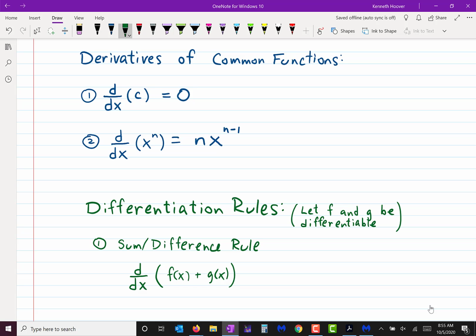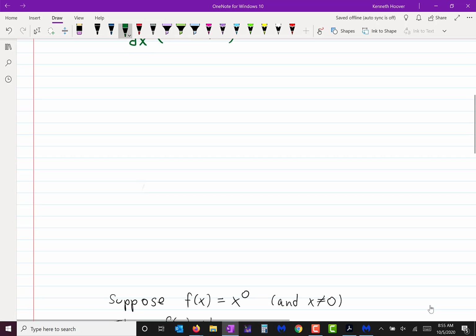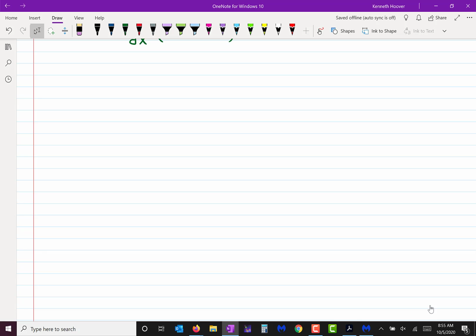Okay, so let's work out then, would f plus g have a derivative? Well, let's just write it down and see. You can write it like this: the derivative of f plus g. That's one way of writing it. Or another way is to write f plus g prime of x.